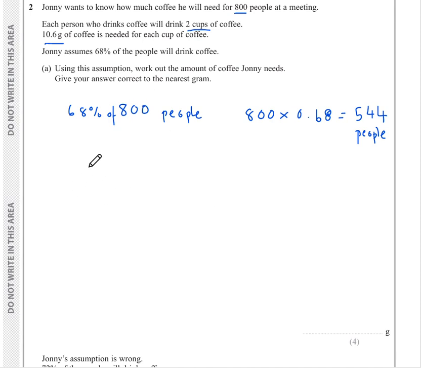So each one of those people is going to drink 2 cups of coffee. So 544 times 2 is going to give us 1,088 cups of coffee. Each person will drink 2 cups and 10.6 grams of coffee is needed for each cup of coffee. So let's work out how many grams of coffee we need.